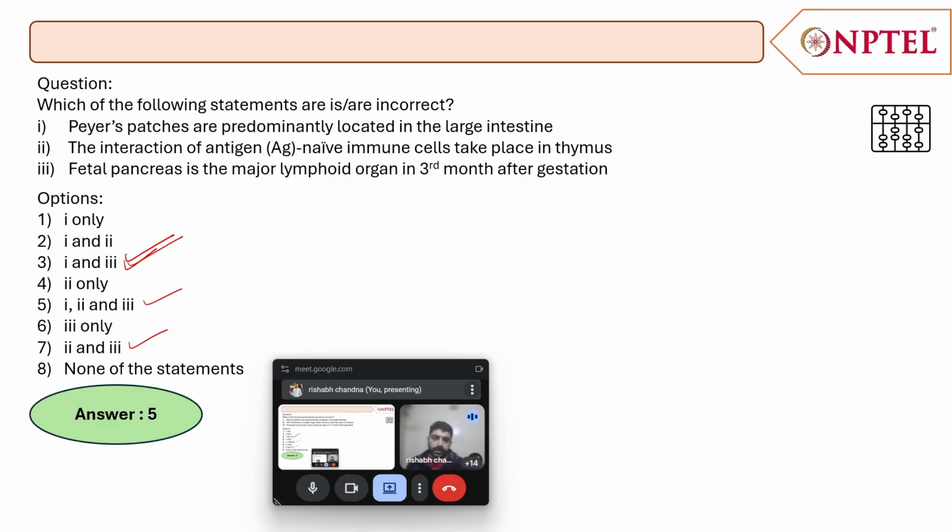So let's see the statements. Peyer's patches are predominantly located in the large intestine. No, they are present in the small intestine. Okay, so this is the location of the Peyer's patches. This is also a type of the peripheral lymphoid organ. Then, the interaction of antigen to naive immune cells takes place in thymus. No. In thymus, differentiation of T cells takes place.